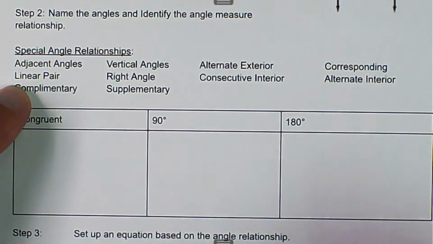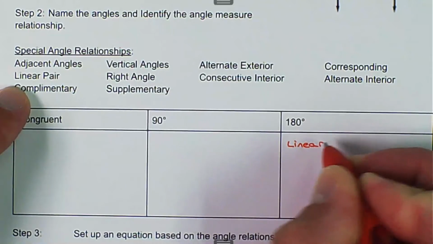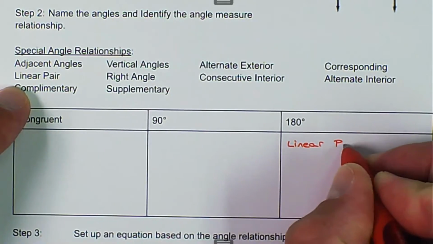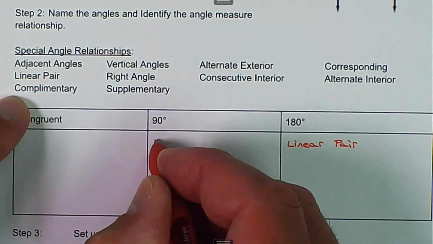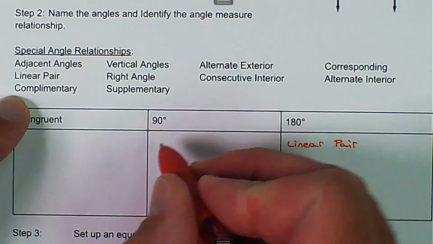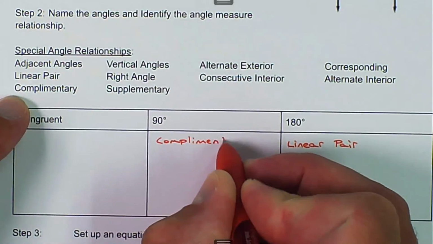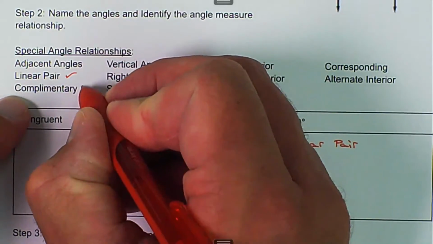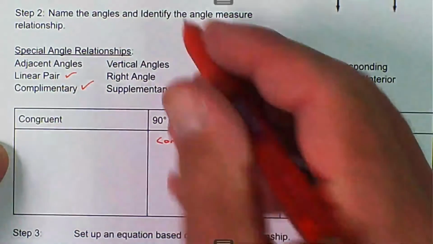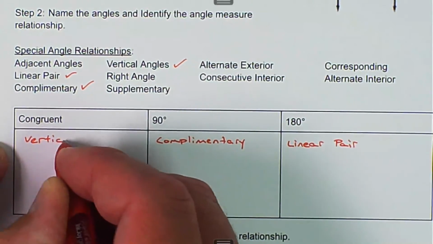Oh, we have it right there. So linear pair goes right here. Linear pairs sum to 180 degrees. Complementary angles, those are 90 degrees. So we have linear pair, complementary, and then vertical angles, those are congruent.